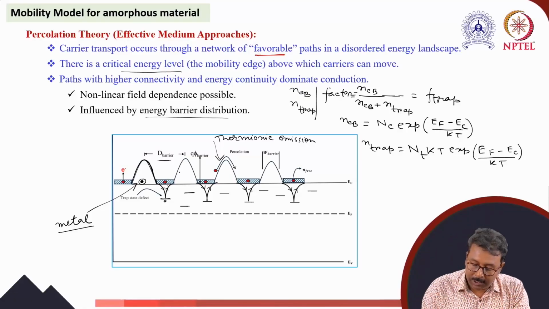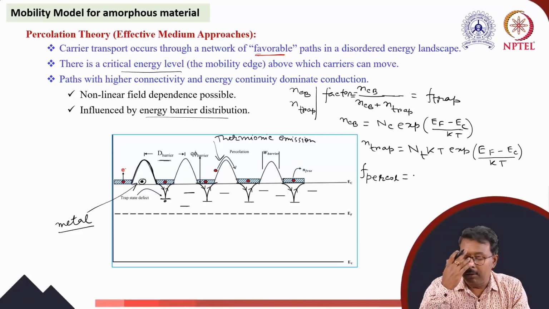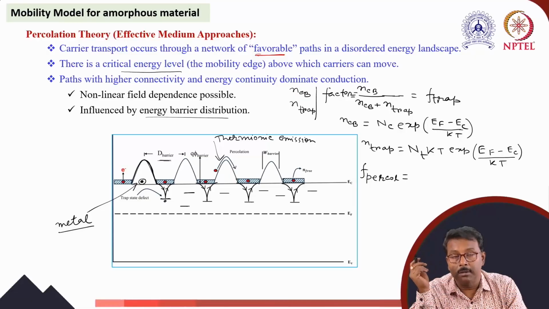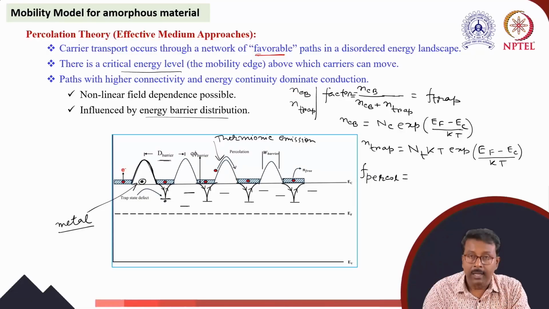Also, due to this emission process, the mobility is hampered, as I told you. So this emission process can also be modeled by another factor, suppose the percolation factor, F percol.